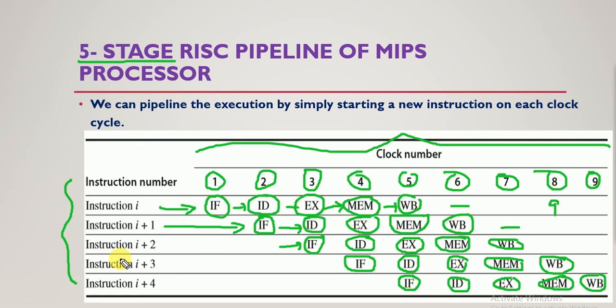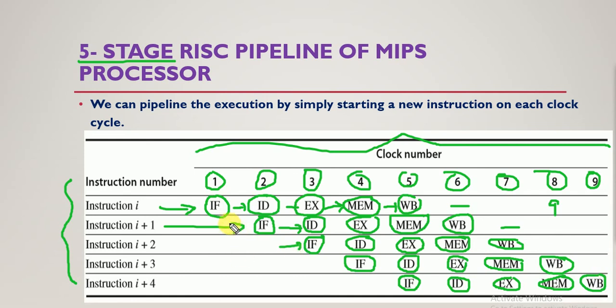Now just assume that we are not implementing pipelining. What will happen? Instruction I will take 5 clock cycles. Then after that instruction I plus 1 arises, it will take 5 more clock cycles.